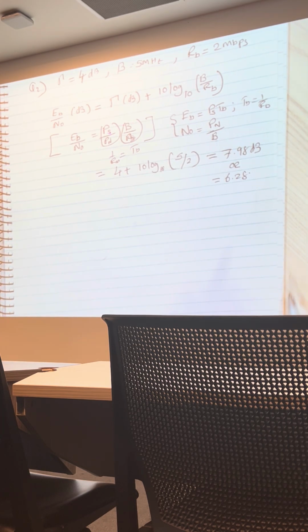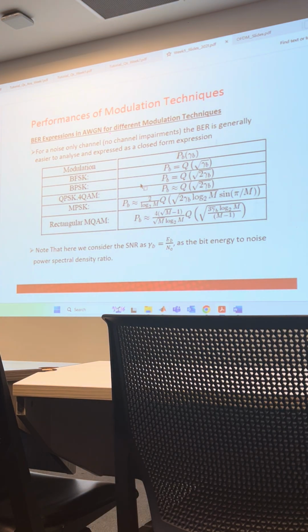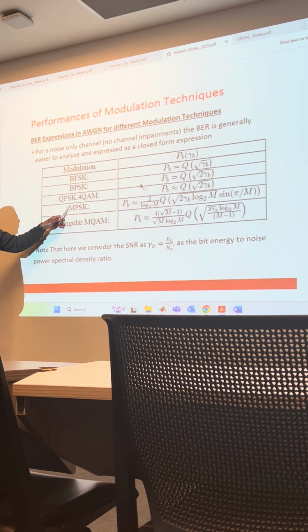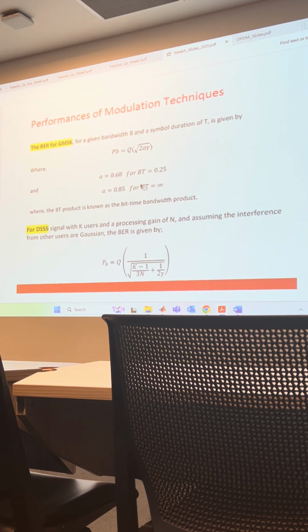Okay. So part A. Once we have the Eb/N0 value, in the week 5 lecture slides you will find the different bit error expressions for the different modulation techniques: binary frequency shift keying, binary phase shift keying, quaternary phase shift keying, M-ary phase shift keying, MPSK, that's Mth order, rectangular M-QAM, and also if we go further down, we have direct sequence spread spectrum as well.